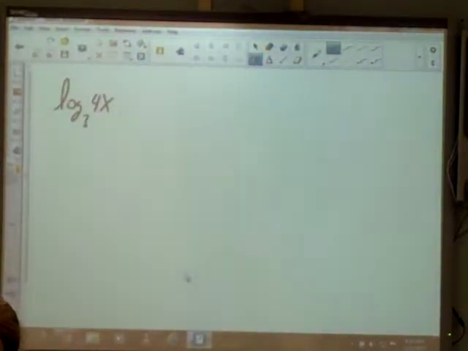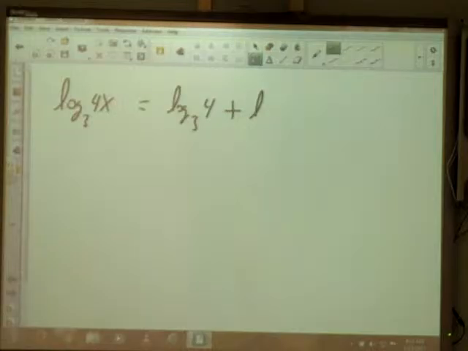What does 4x mean? Multiplication. So I'm looking at the product property. What's friends with multiplication? Addition. So I take the first piece, log base 3 of 4, and now I do log base 3 again and add that to the second piece. And that's it. We expanded it.